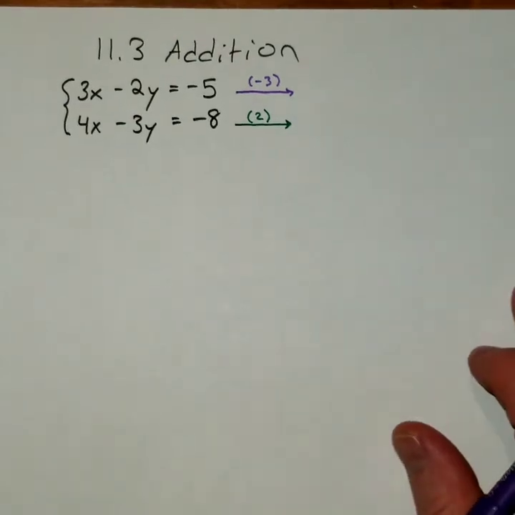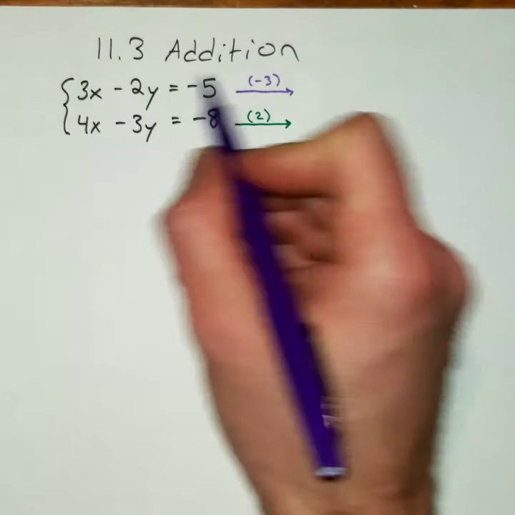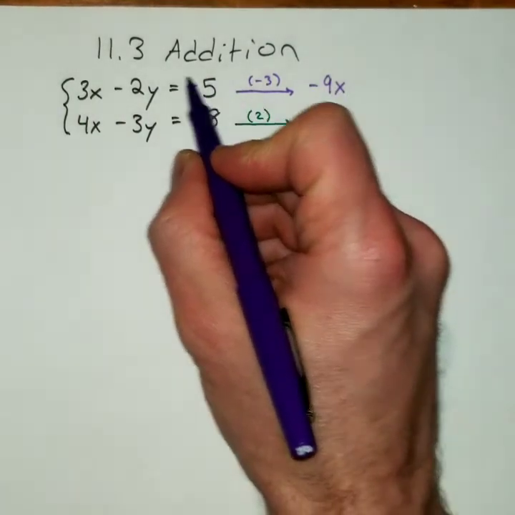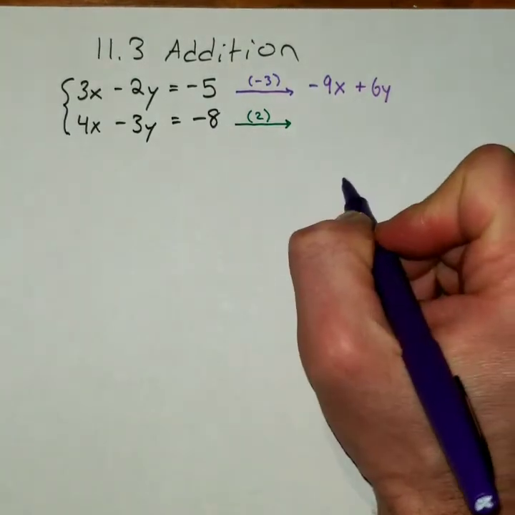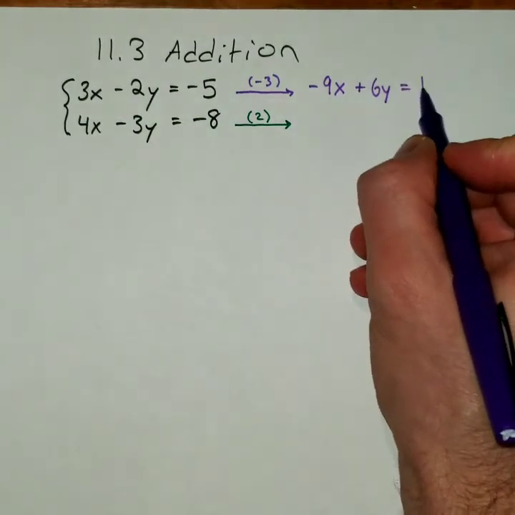So as we bring this across and multiply, negative 3 times 3 is negative 9x. Negative 3 times negative 2 is positive 6y. Negative 3 times negative 5 is positive 15.